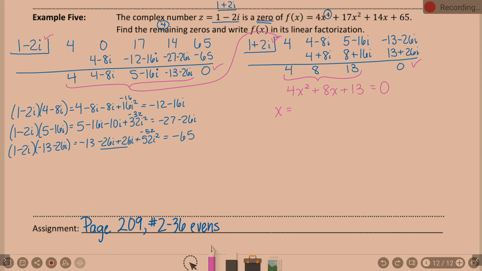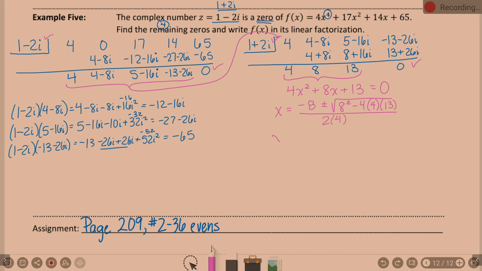Negative b, negative 8, plus or minus the square root of b squared, 8 squared, minus 4 times a times c, all over 2a.